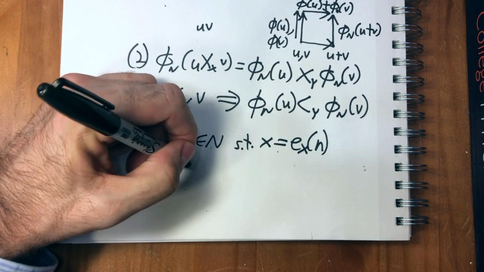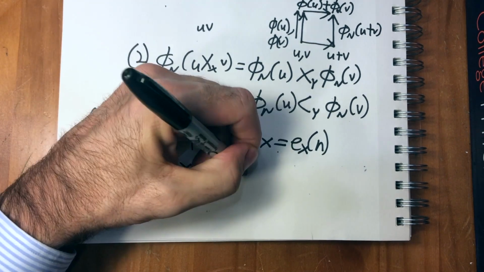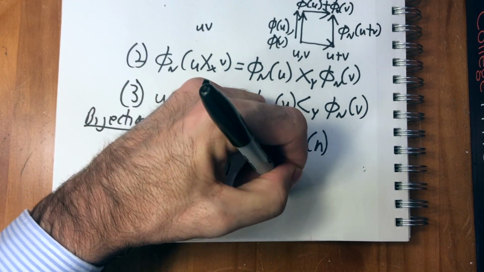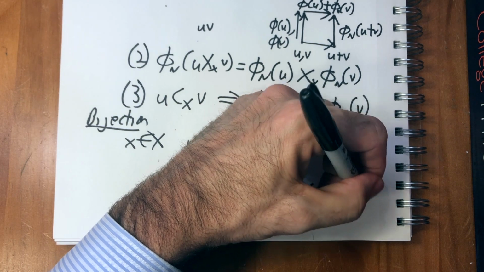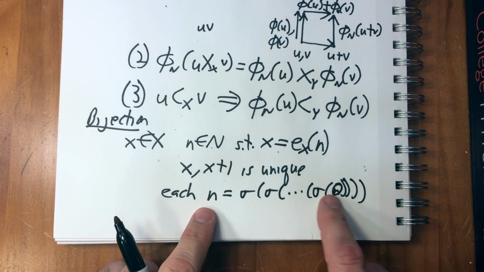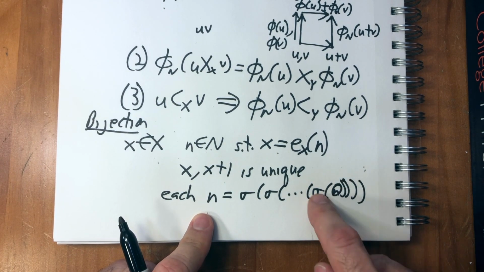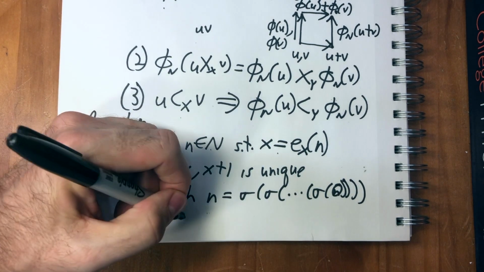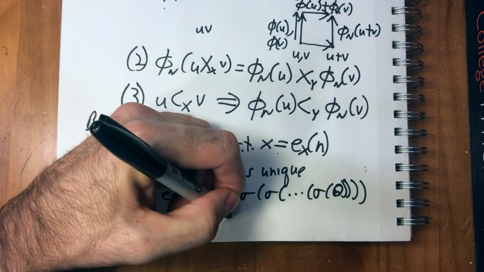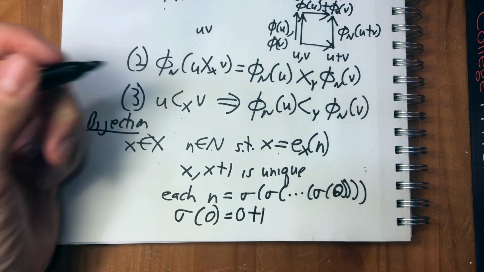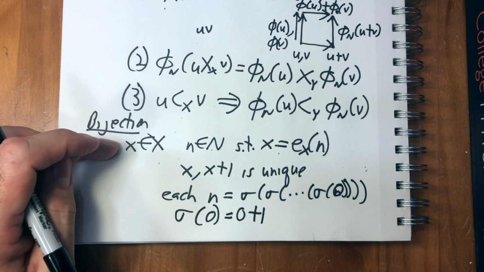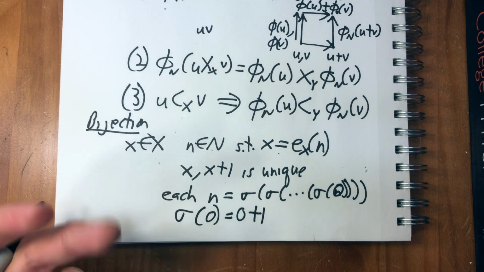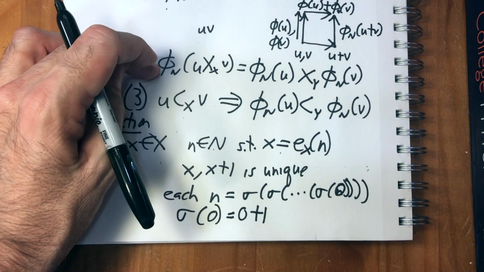And that's because given x plus 1 is unique, each n you get by repeatedly applying the successor function to each one, and then you'll get each n uniquely. And the successor of 0 equals 0 plus 1. So that means that each one of these has to be unique. So it's well defined because whatever x is, you're only going to get one in y.